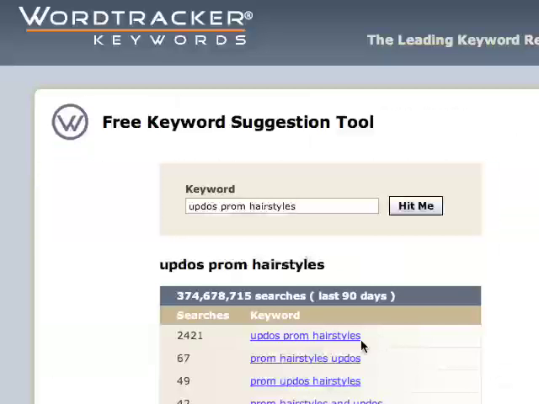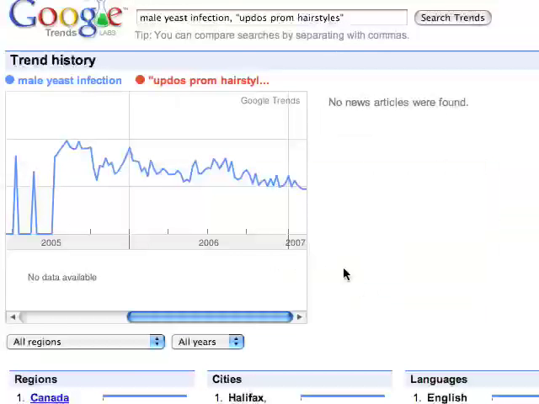But you can see that the free Word Tracker tool is telling us that for the phrase updos prom hairstyles, there's 2,421 searches a day. But Google has quite simply confirmed that traffic just does not exist in relation to the phrase match of updos prom hairstyles. There is a fair bit of traffic for the broad match phrase, but only at certain times of the year.